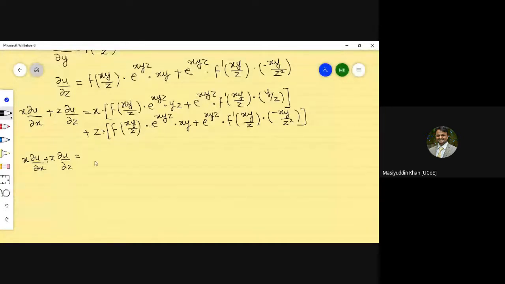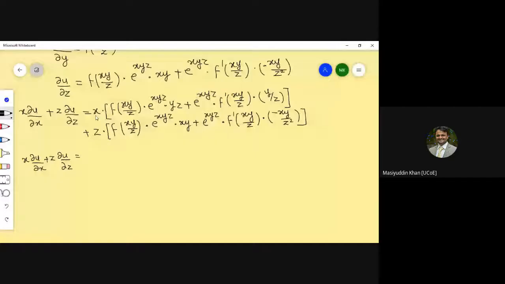So just see f of xy by z and f of xy by z, and similarly e raised to xyz and this xyz, similarly this z into xy. So it is again this part directly. अगर किसी को नहीं समझेगा तो definitely I will split this part, सिर्फ x से सबको multiply होगा.